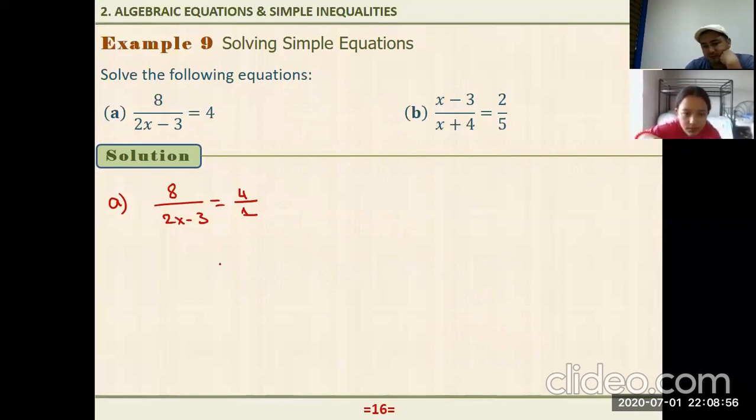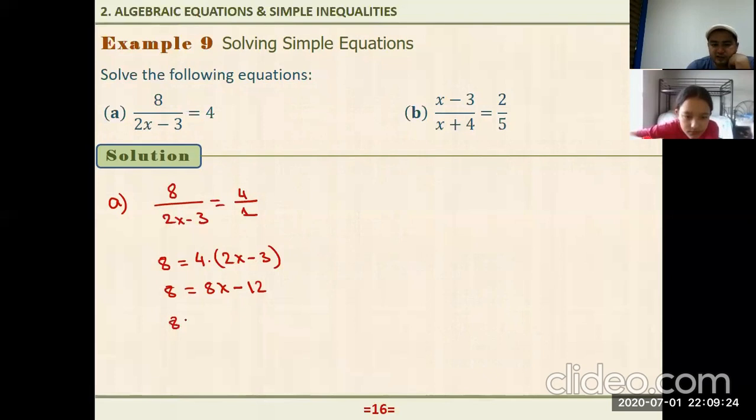Cross multiply. So multiply 8 by 1. 8 times 1 is just 8. Here we have 4 multiplied by 2x minus 3, right? Next we have to expand this. 8 equals 4 times 2x, 8x, minus 4 times 3, 12.